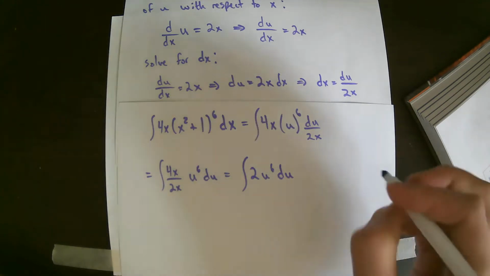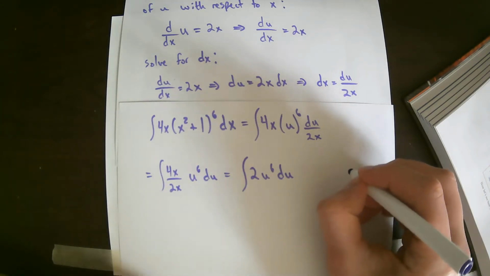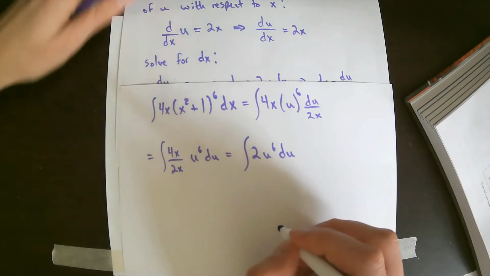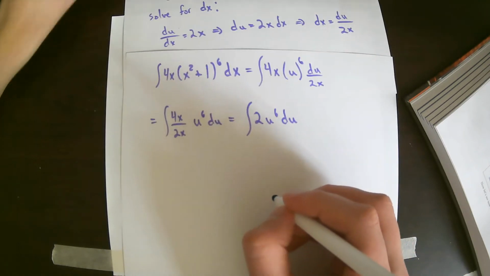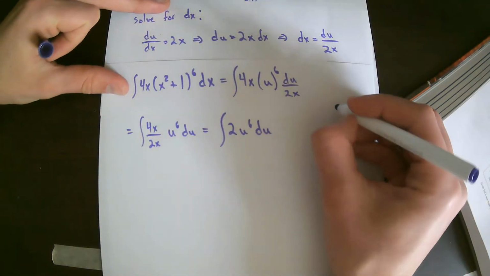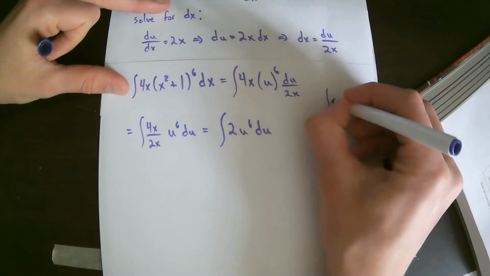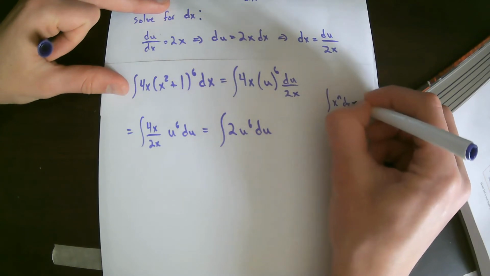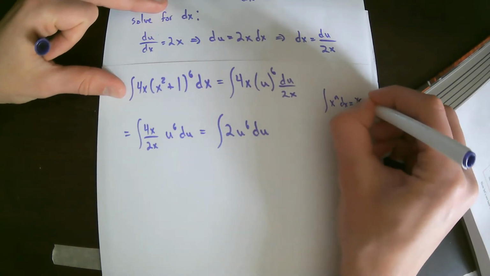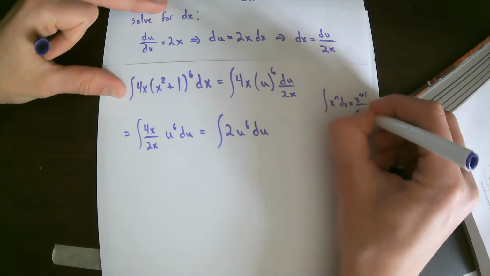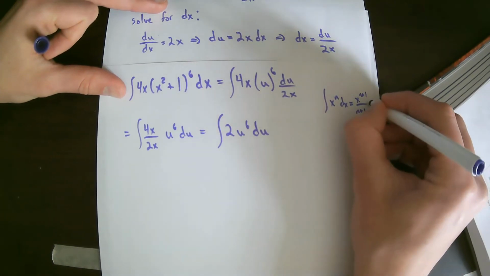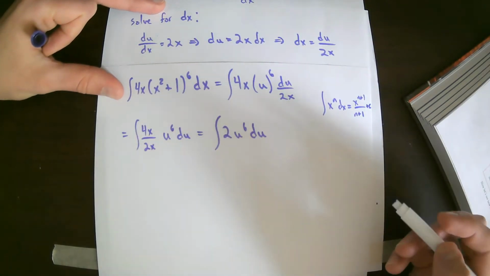We have the power rule for integration, and that's going to let us say that this is the same as, so remember that the power rule for integration is if you have x to the n dx, that's the same as x to the n plus 1 over n plus 1, oh, plus c. Dang it, I didn't leave room for my constant of integration. There we go.